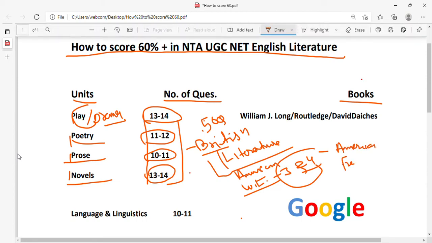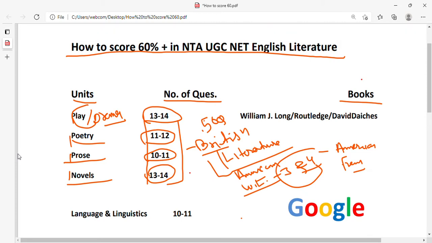Your French literature, for example, you have Samuel Beckett. You have other writers and important texts like The Stranger, The Plague. These are some of the important texts from where questions are asked.